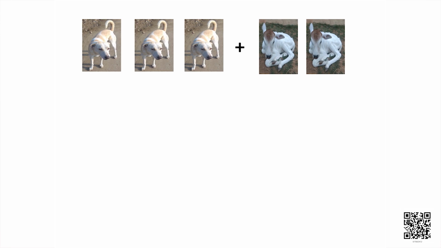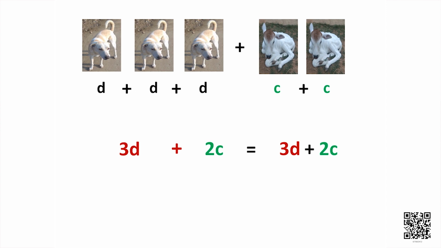So I have represented dog as D and I have represented this calf as C. So if I add these two, first 3 dogs I have written 3D and for 2 cows I have written 2C. So 3D plus 2C makes 3D plus 2C.